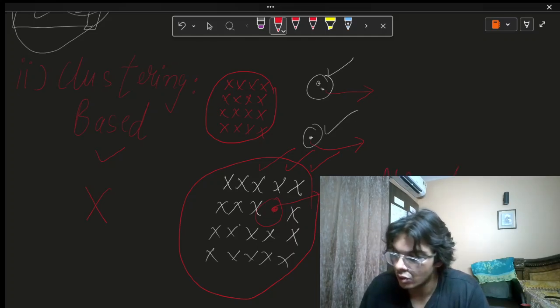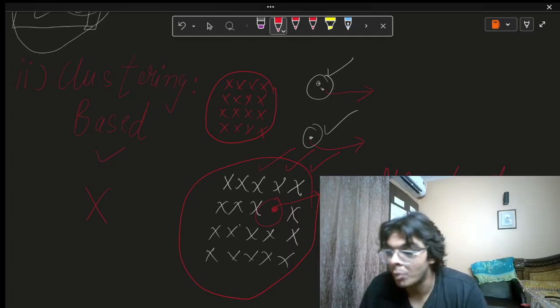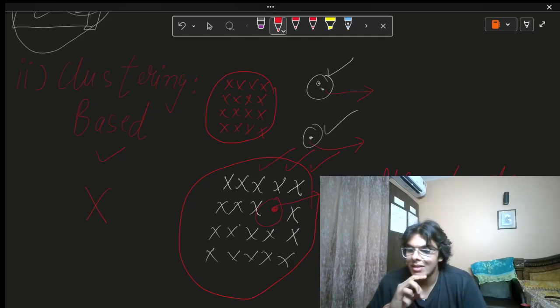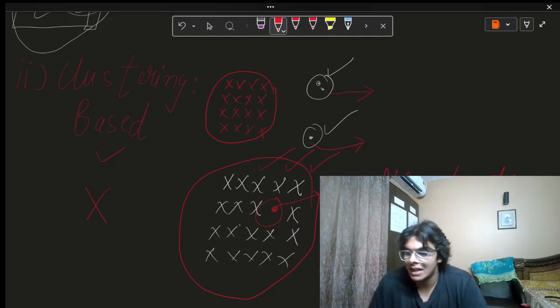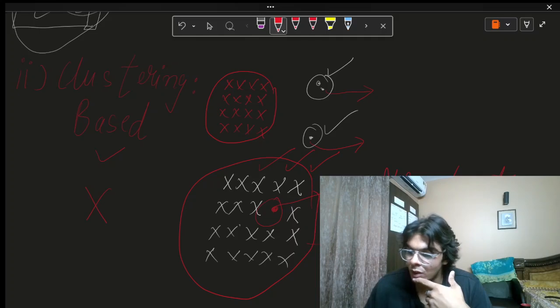And that is an issue because in reality it is not a normal point, it is an anomaly. Clustering based approaches don't really work very well because they assume that small clusters mean that there are anomalies, and it fails whenever anomalies arise from dense clusters like they do in this case. So this is the major reason why clustering based approaches won't work.